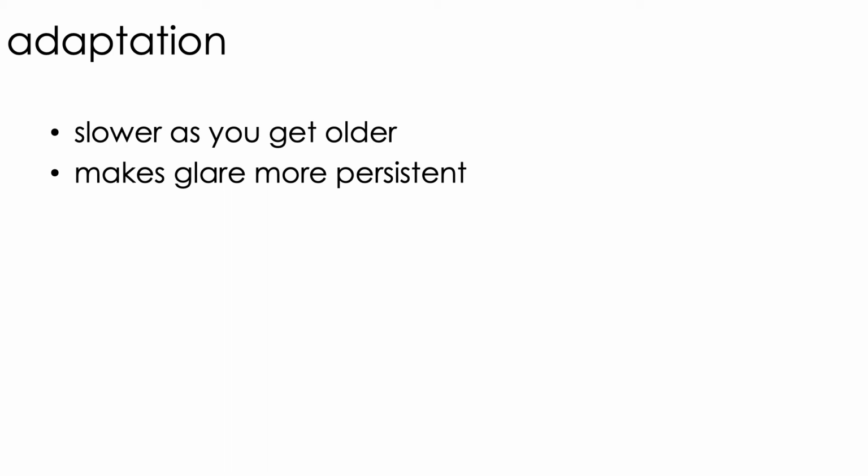So when it's darker in a space, your pupil opens up and lets in more light, and your rod system takes predominance over the cone system, and that allows you greater low light perception. Unfortunately, it does make glare more persistent as you get older, because your eyes can't adapt as fast. I think in our in-class demonstration, your eyes all adapted much more quickly than my eyes.